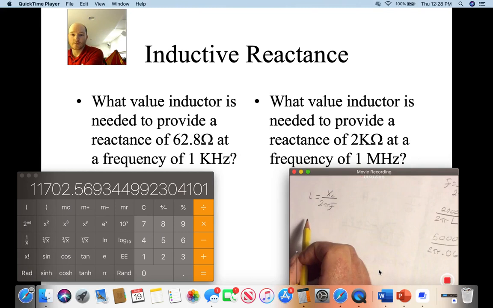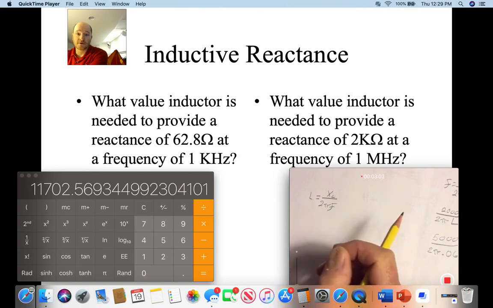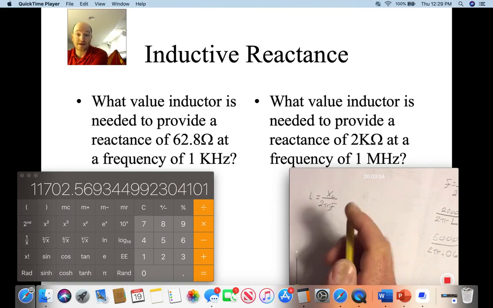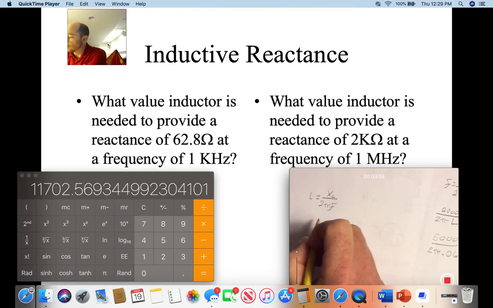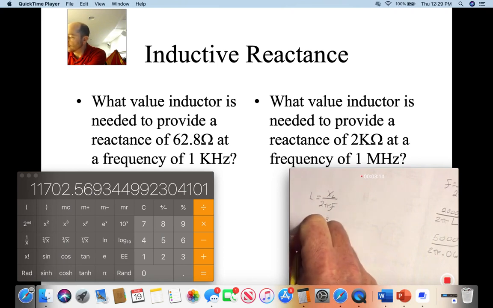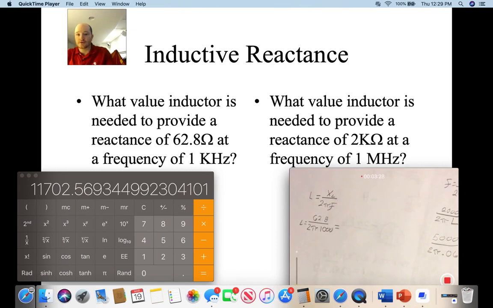All right, so what value inductor is needed to provide a reactance of, oh boy, really specific, 62.8 ohms at a frequency of 1,000 hertz? Okay, so here's how I'd write this out: L equals 62.8 over 2 pi times my frequency, which I know to be 1,000 hertz.